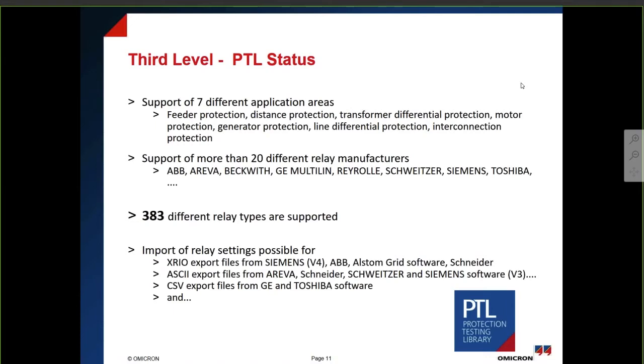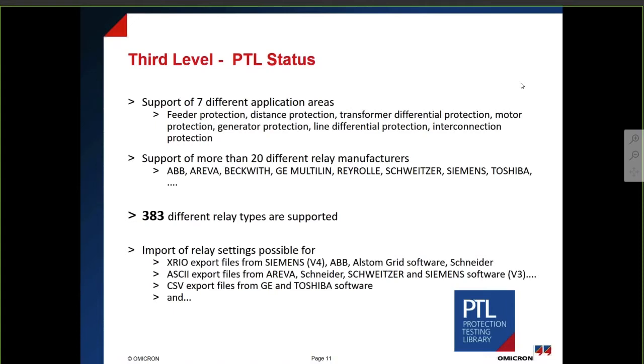This is, we can say, the magic point in our PTL and in our XRIO converter, because we create some kind of window. It's named the import setting filter. This is only a filter between the relay software and the test unit. As we know, not all relays can export an XRIO file. Some of them, like Siemens and ABB, can export an XRIO file.